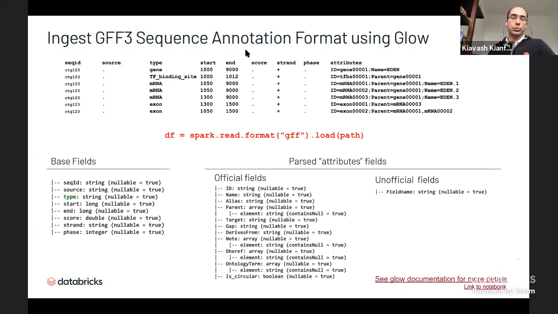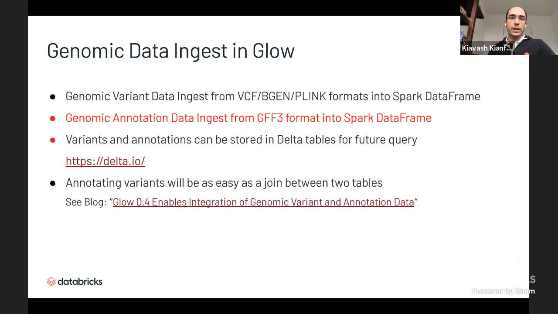Just to complete our data ingest perspective, Amir talked about ingesting variant data from VCF, BGEN, or PLINK format into Spark DataFrames. I want to mention that in GLOW, we also have genomic annotation data ingest from GFF3 format.